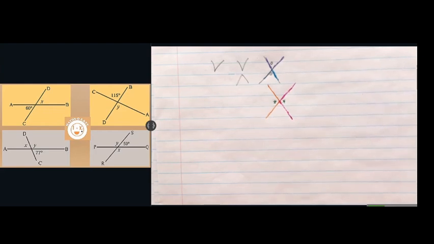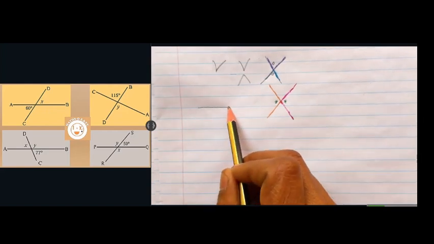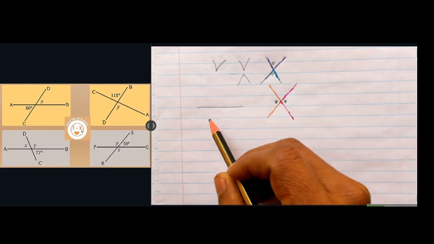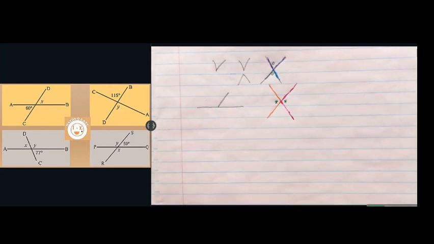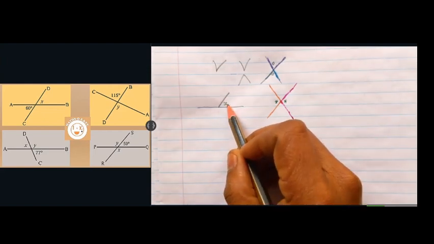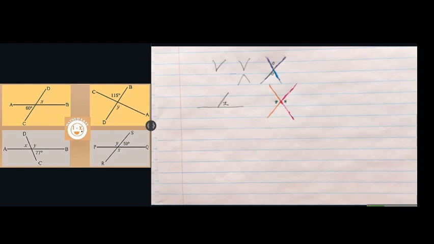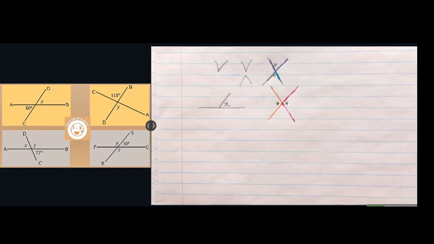Now, what else do I want to add? Let me show you. If you have this line here, and you have that, as in the top one, if I have x here, can I say adjacent? I can't. Okay, I can't say adjacent.